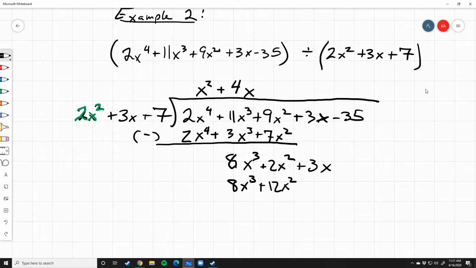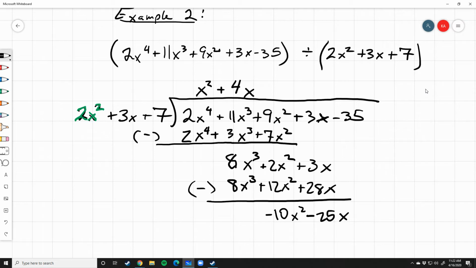And 4x times 7 is 28x. I'll subtract. We get 0 here. 2x squared minus 12x squared is going to give us negative 10x squared. And 3x minus 28x is going to give us negative 25x. We'll then drop the negative 35, and we're almost done.